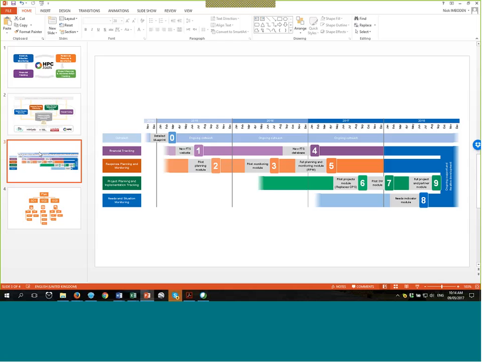The development is always going to be iterative, which means that as we roll it out, we're going to constantly be collecting feedback from everyone in order to improve the tool as we go along. And you can see here also that for our replacement of the OPS system, we're working on that right now to be piloting that later on this year, and then we'll be rolling it out globally in 2018.